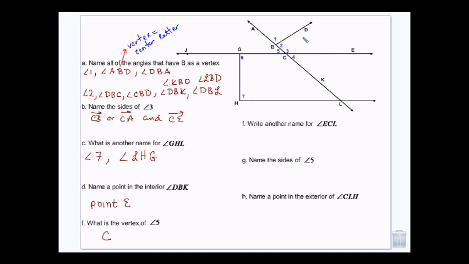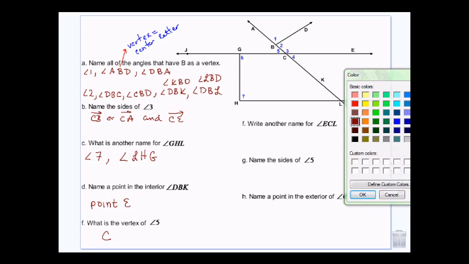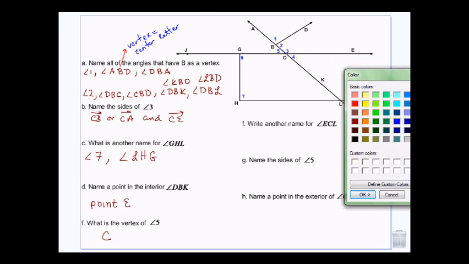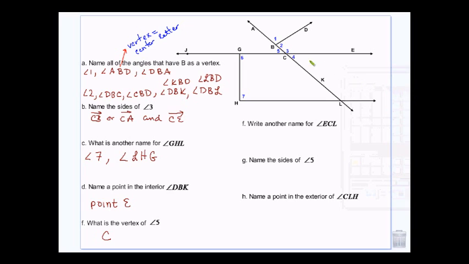I have angle ECL. So let me highlight that. How about pink? Does pink work? Oh, that's not what I meant to do. I meant to highlight it pink. Is pink okay? No? No, okay.